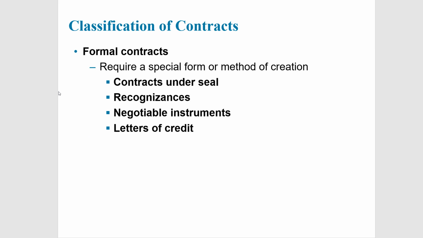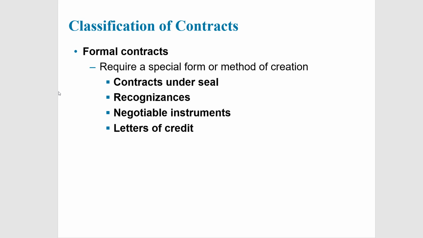So looking at our classifications a little bit more carefully, a formal contract is one that requires some specific form. It might be a boilerplate contract you have to use, or particular types of information that have to be on there. But if the state requires that contracts take a certain form, then we call them formal contracts.